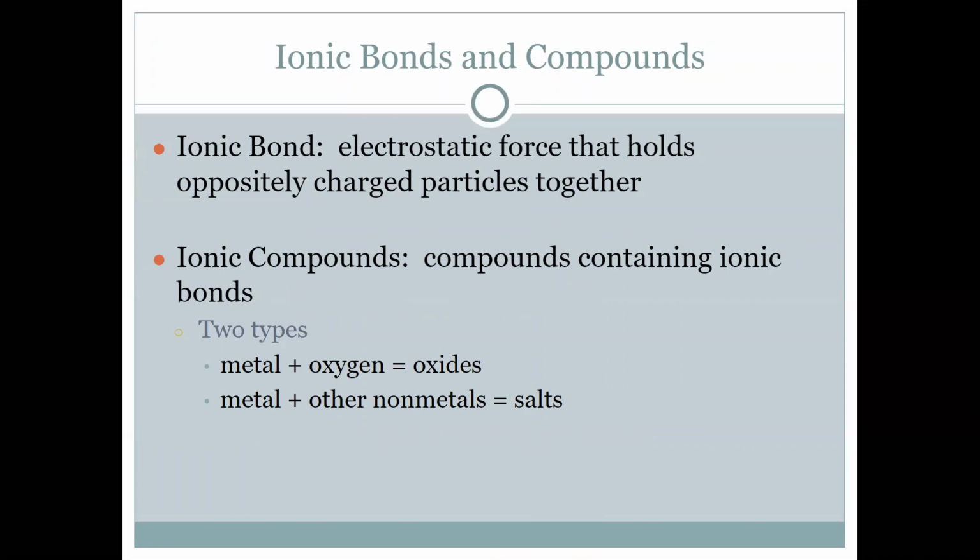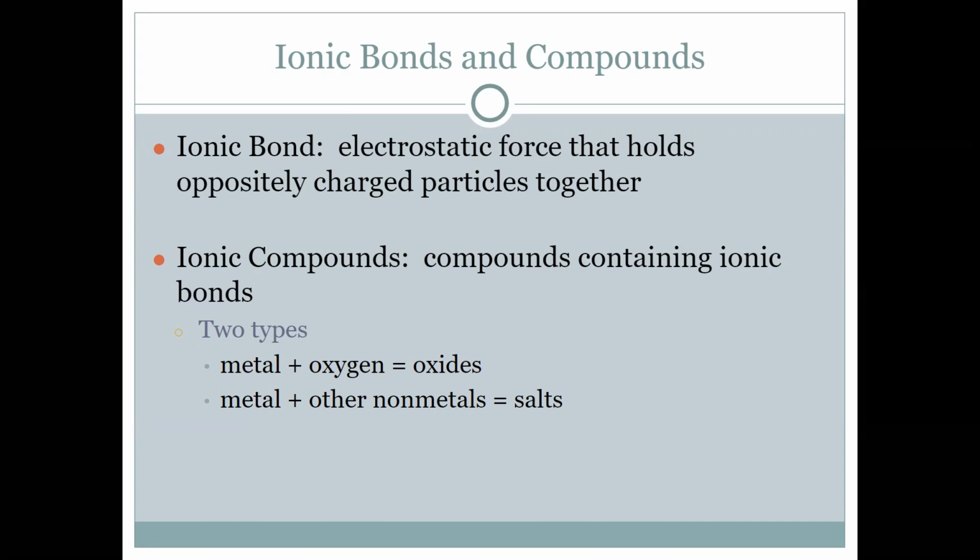The next thing to talk about is ionic bonds and compounds. An ionic bond is an electrostatic force that holds oppositely charged particles together. Oppositely charged particles being an anion and a cation, a negative and a positive.